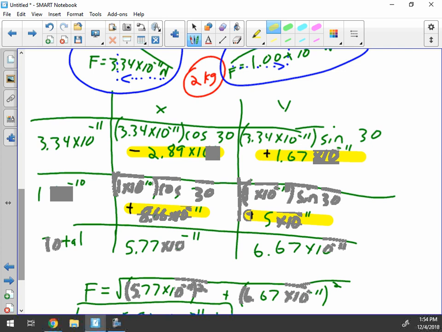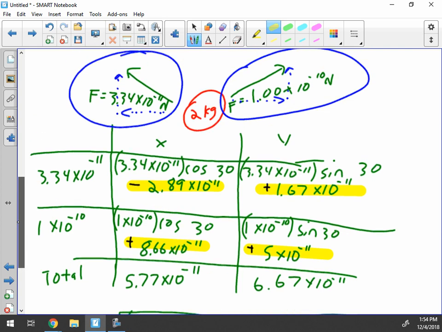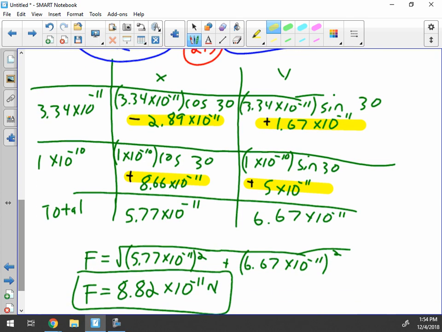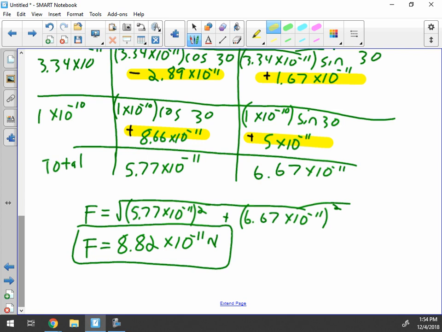The third step would be to make sure my signs are correct, make sure my positives are in the right spot and my negatives are in the right spot, depending if it's going left, right, up, or down. So remember, right and up are positive, and left and down are negative. And then I add them together. And then my final step would be to use the Pythagorean theorem to get my final force.